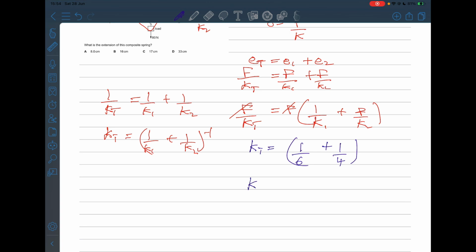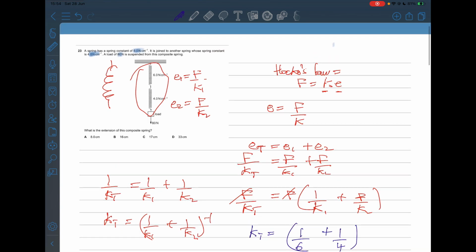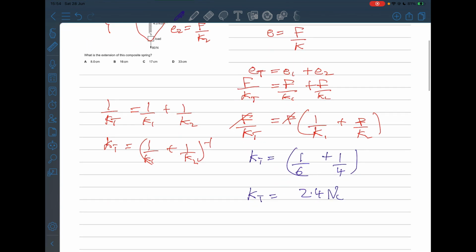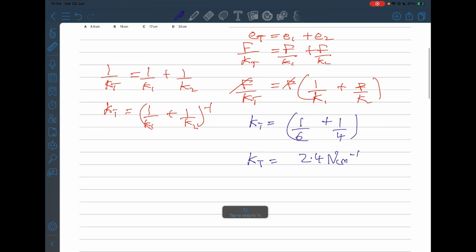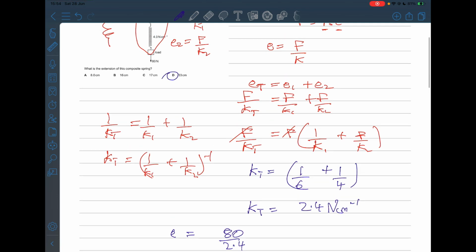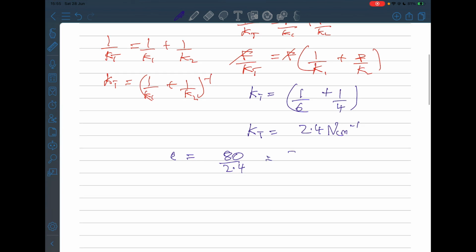So KT is 2.4 Newton per centimeter. So now our total extension will be 80 over this 2.4. And that is 33.33, but keeping everything to two significant figures, as you can see in the question, it is 33 centimeters.